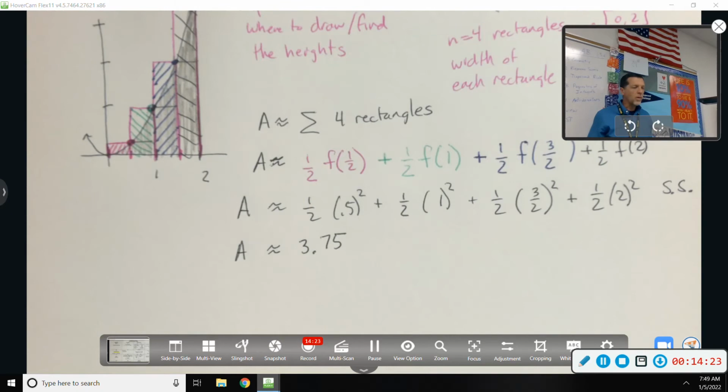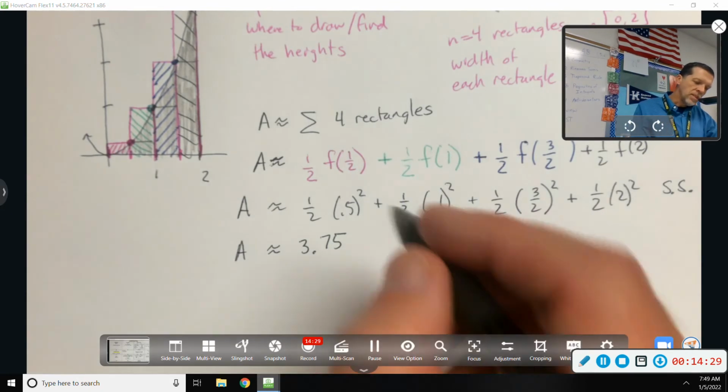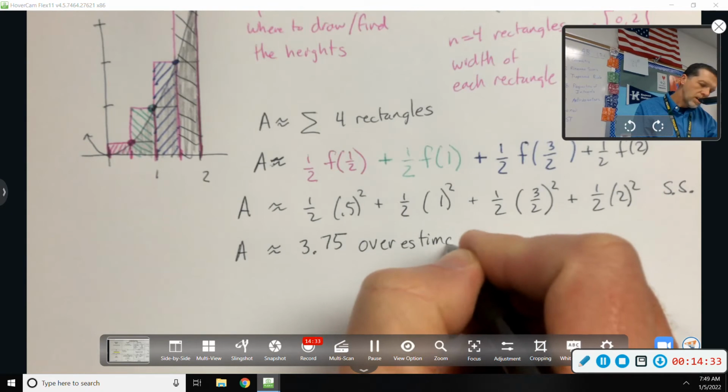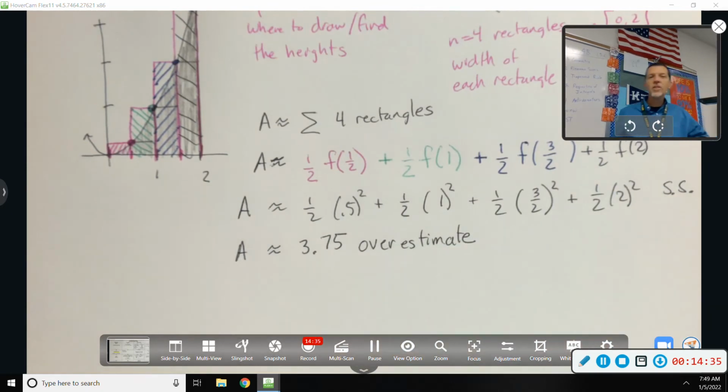And you get 3.75. Which we already said was an overestimate. And again, we just know that because the rectangles are above the actual shape, so it's an overestimate.